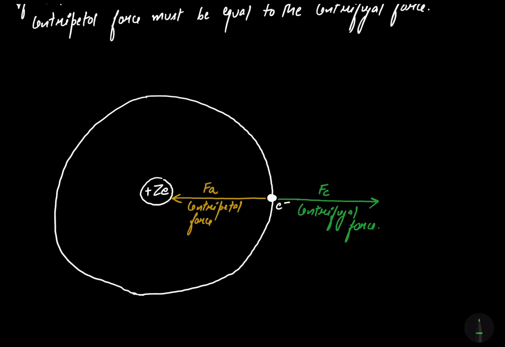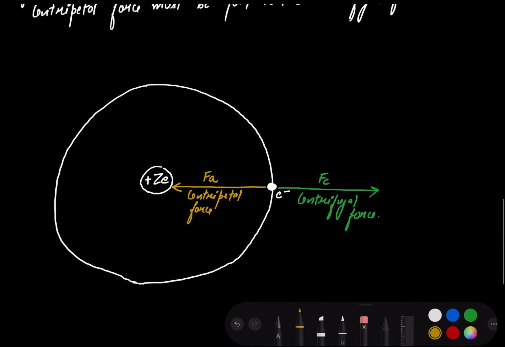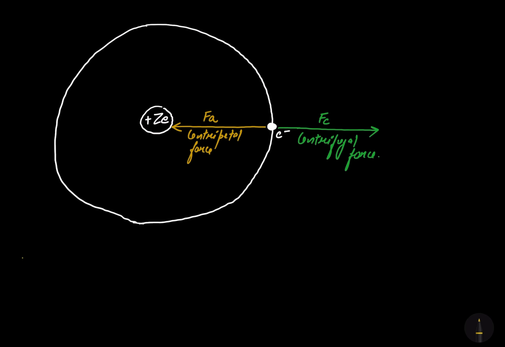So now let's talk about the force of attraction first. In the previous lecture on Coulomb's law and the potential energy, I made you understand Coulomb's law. Coulomb's law states that the force of attraction is directly proportional to the product of the two charges Q1 and Q2 divided by the square of the distance between them.